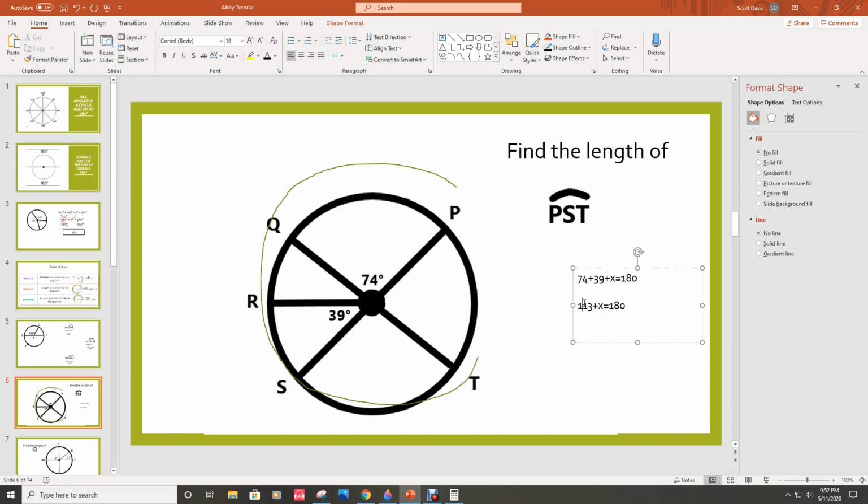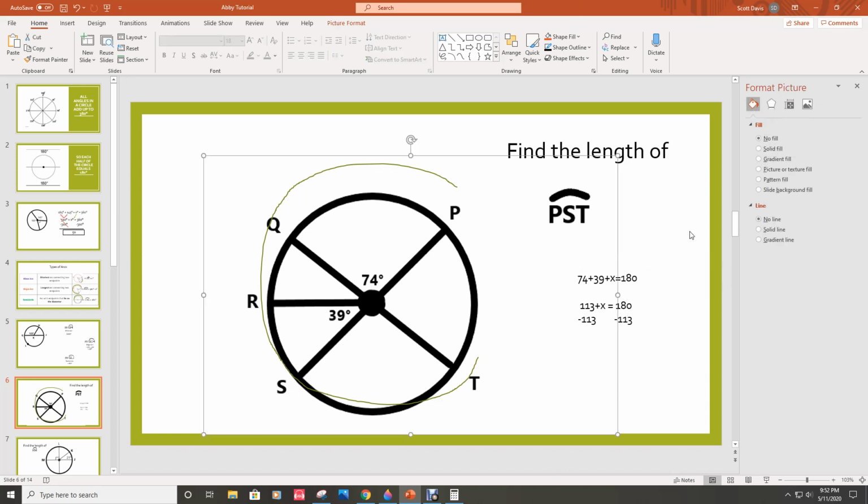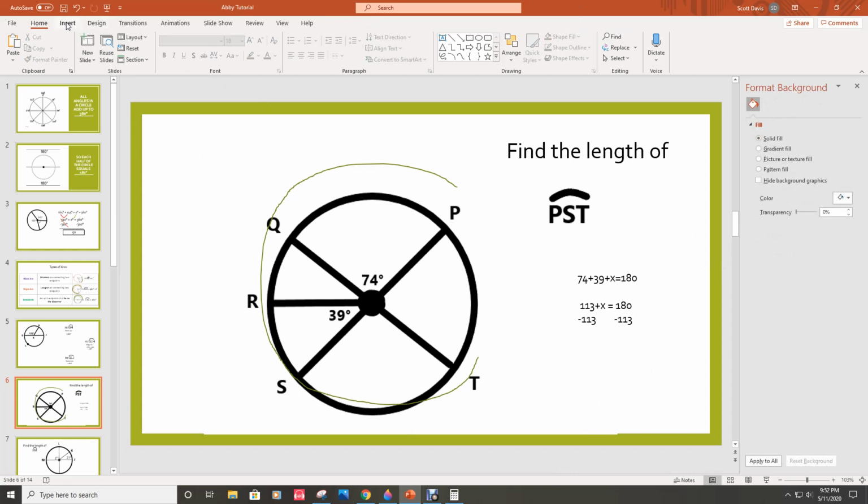And we are going to, right here, take away this 113 on both sides of our equal sign. Okay. And we're going to see what we end up with.